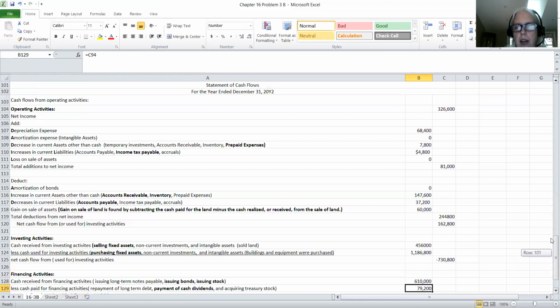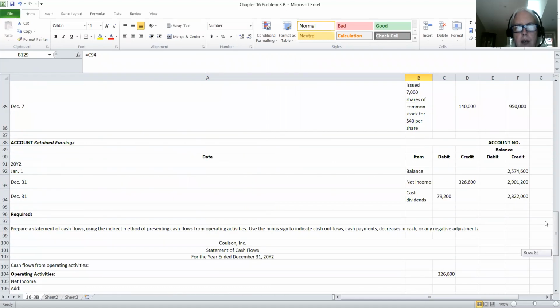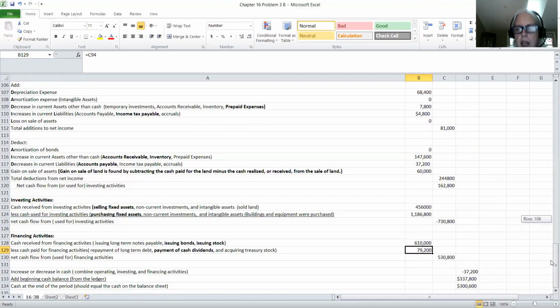Where I can find out the amount of cash dividends that we had was in the retained earnings account. Do you see here that the retained earnings account says that we have $79,200. That $79,200 is the dividends that we paid out.